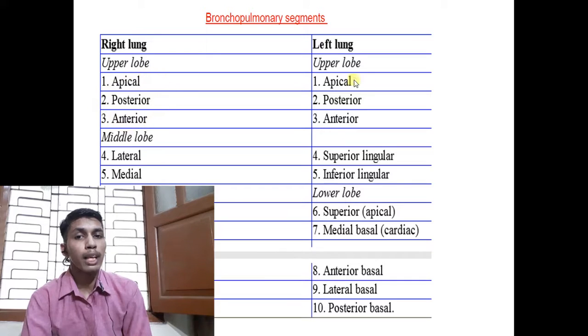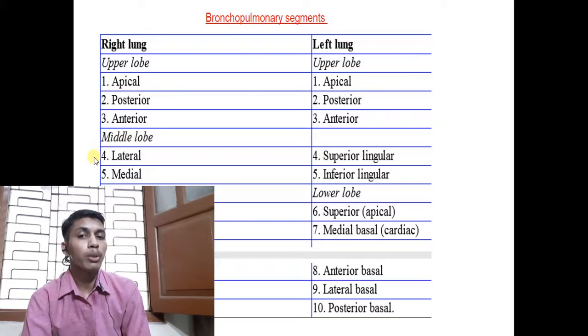All the bronchopulmonary segments of the upper lobe of the right and left lungs remain the same, and all the segments of the lower lobes remain the same. The only difference arises in the bronchopulmonary segments of the middle lobe.